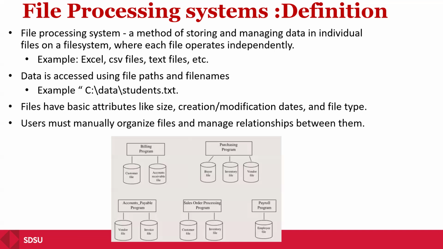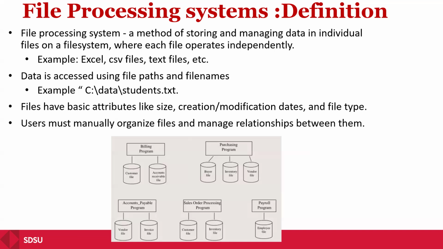This is a metadata, right? Data about data. So, those attributes include size, dates, file type, and other file-related information that describes specific files. And users must know how to manually organize those files and how to build relationships between those.